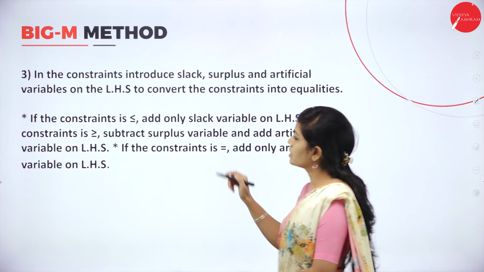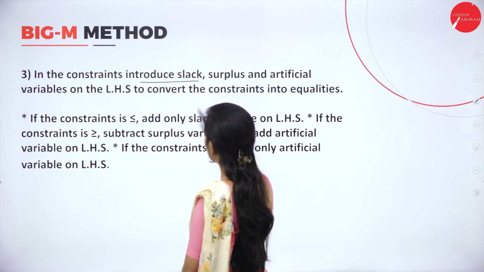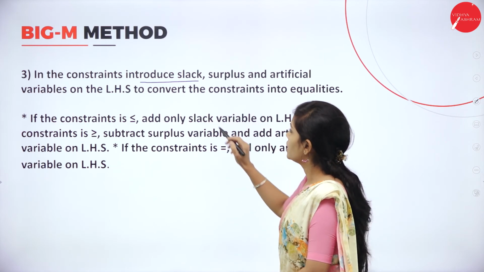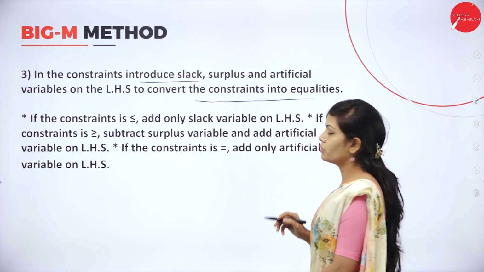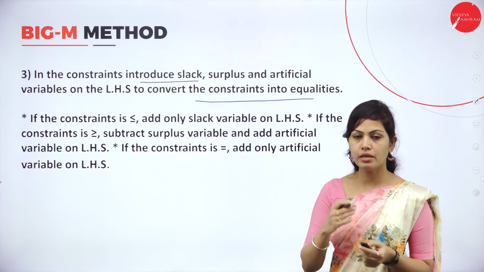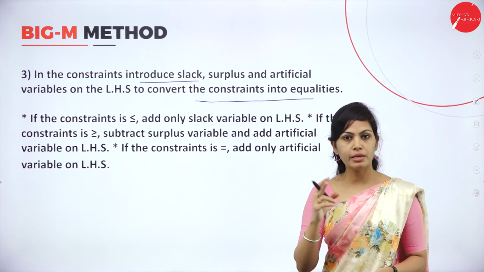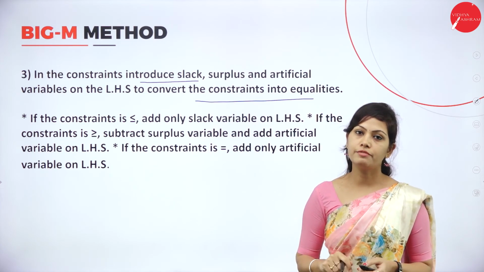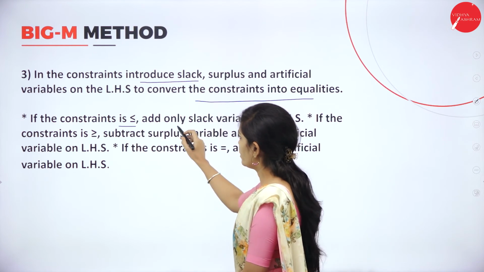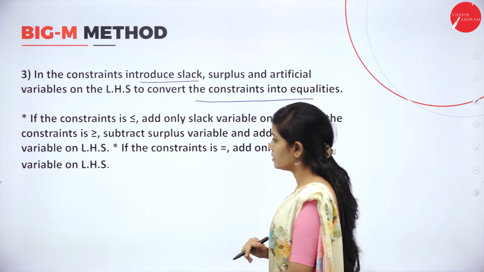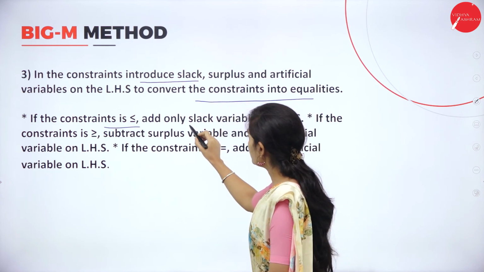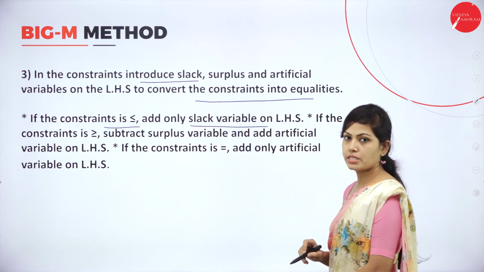The next step is, in the constraints, introduce slack, surplus and artificial variables on the LHS to convert the inequalities into equalities. If the constraint is less than or equal to, add only a slack variable on the LHS.